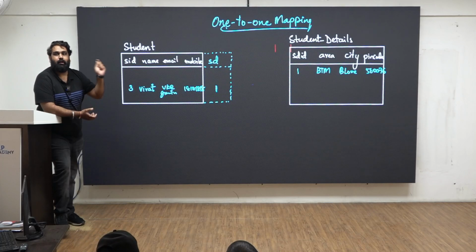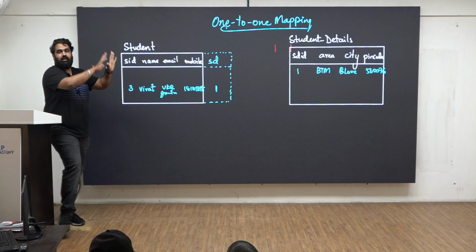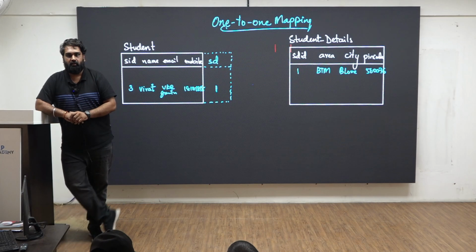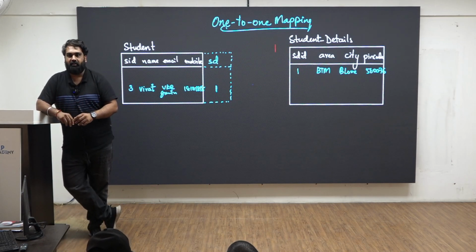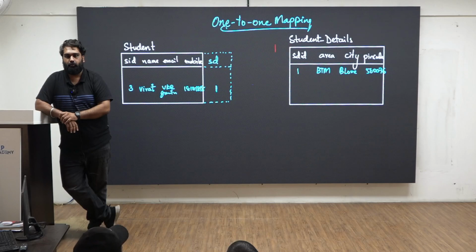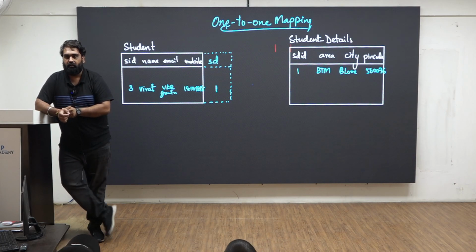So one record is mapped to one single record. If there is an Aadhaar database and a passport office database, and you map them, one Aadhaar card will only have one passport details. If you are having second passport details, then there is a problem. I hope you are able to understand this, right?